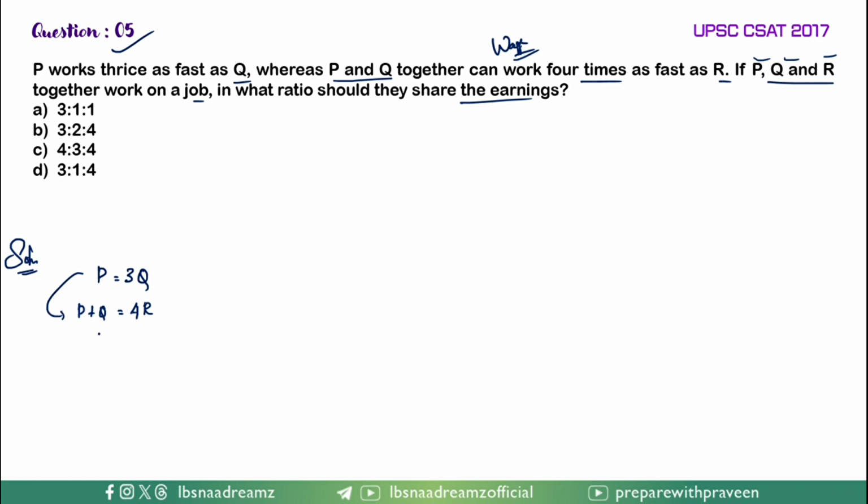P is equal to 3Q, so 3Q plus Q is equal to 4R. Therefore 4Q is equal to 4R. Therefore Q is equal to R.